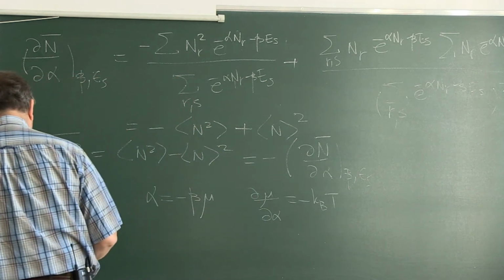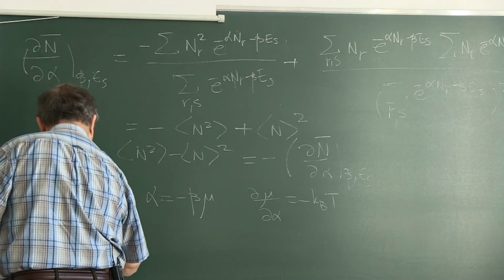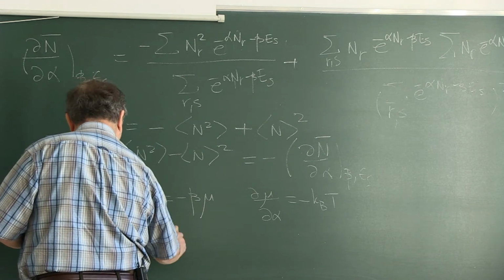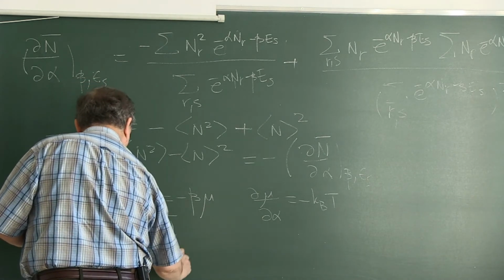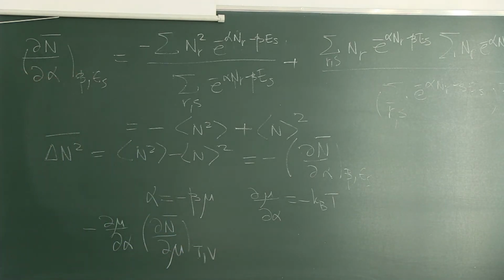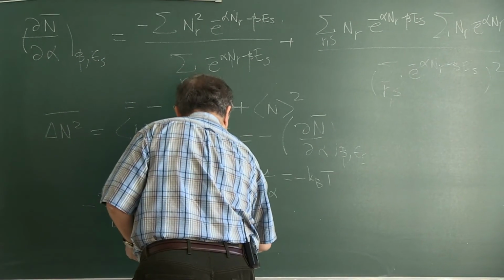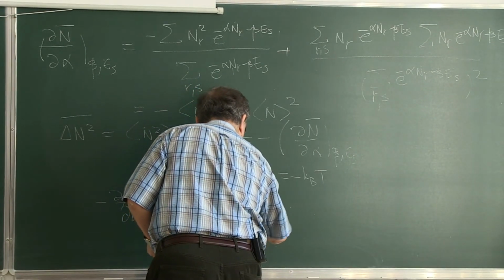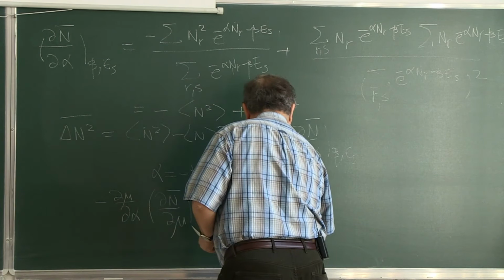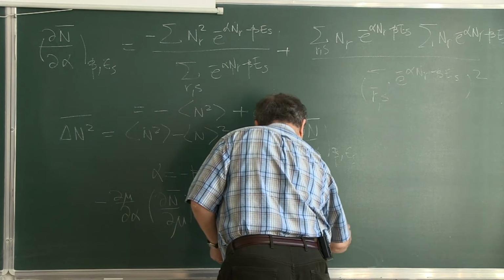So, we can write the following: minus del mu del alpha, del n bar del mu at T and V. What is this? It is minus del n bar del alpha, by the chain rule, which is nothing but plus kBT del n bar del mu, keeping T and V constant.